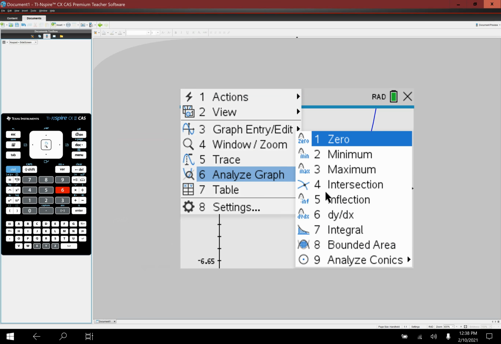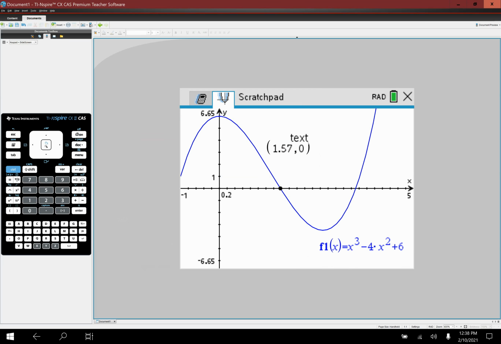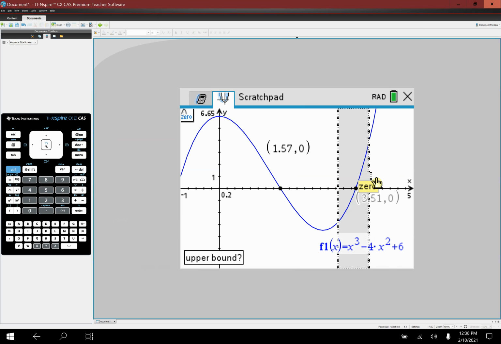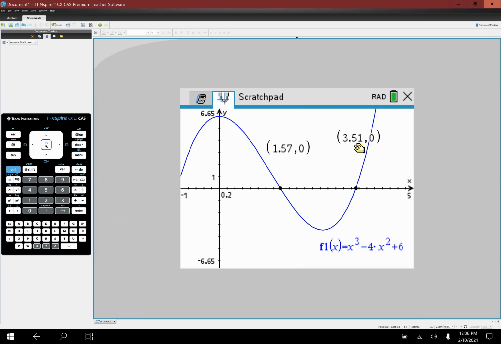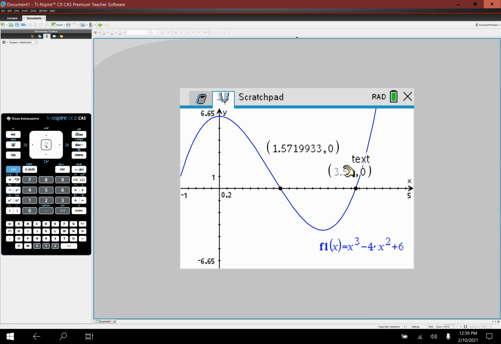Menu, analyze graph, zero. And my first zero is over here. And then we'll do it one more time. Menu, analyze graph, zero. And my second zero is over here. Hopefully we remember that those zeros are not accurate enough. We need to add on by hitting that plus to get more decimal places over there. Same thing with this guy. We're going to go through and give it a few more decimal places.